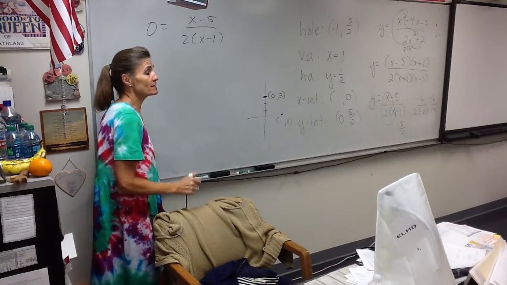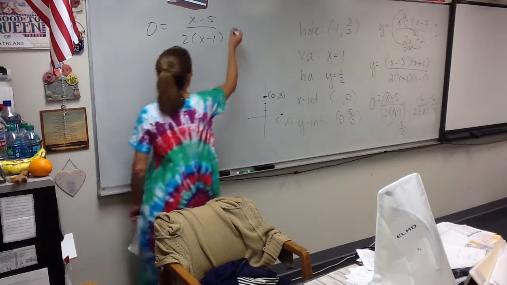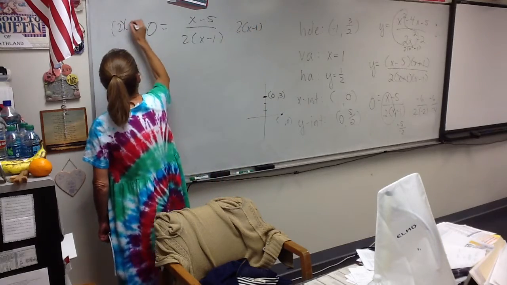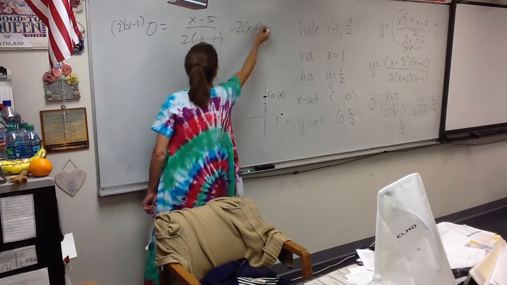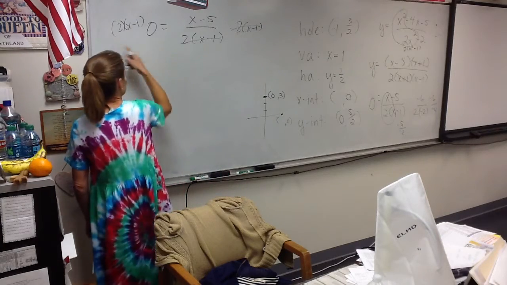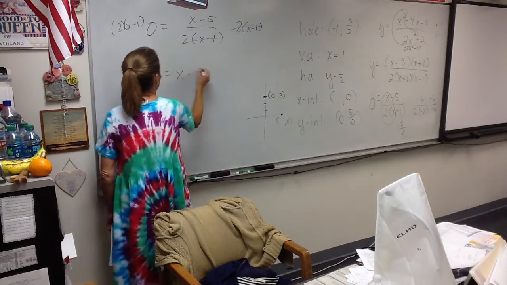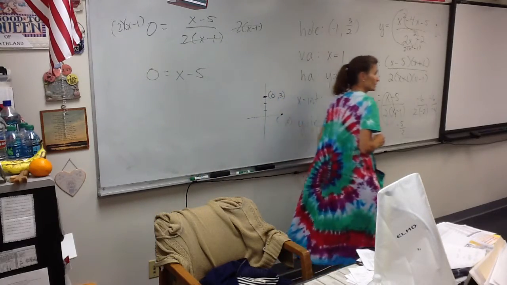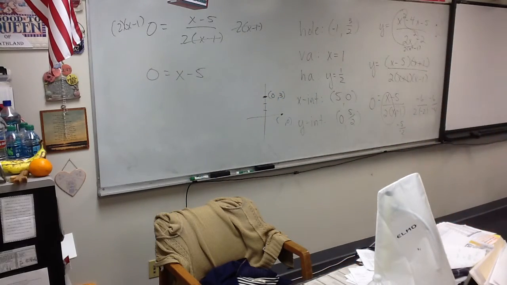Some of us are still missing this. You're going to multiply both sides by 2 times x minus 1. What am I going to have over here? 0. What's my x-intercept? See how easy it is when I just do the work?